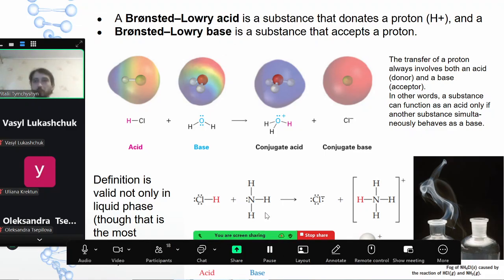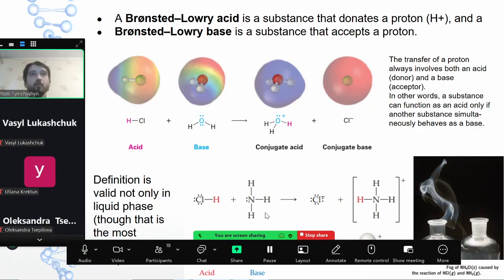Okay, but protons come not just from the water, but there may be some different sources of protons in our solution. And where do they come from? They come from acids. Regarding acids, there are basically a few different definitions of acids and bases.